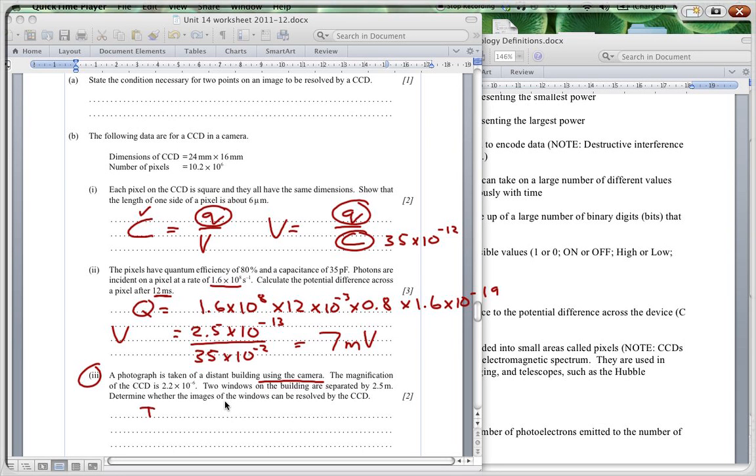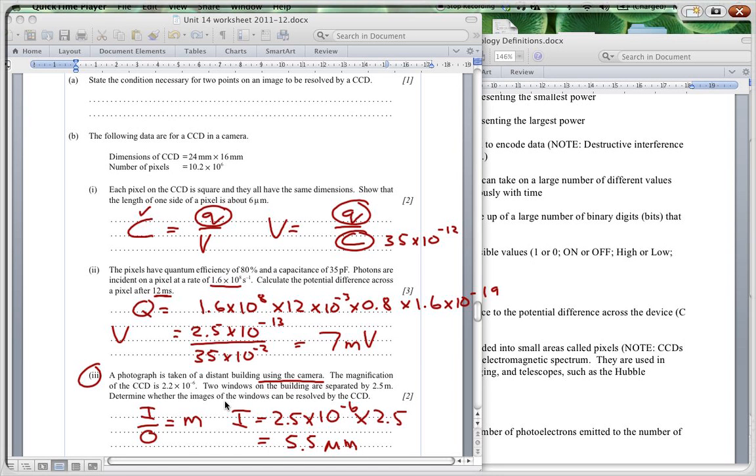So we get our image over our object is equal to our magnification. So therefore our image is going to equal 2.2 times 10 to the negative 6, that's our magnification, times our object distance, which is 2.5. And when we do that, we get 5.5 micrometers.